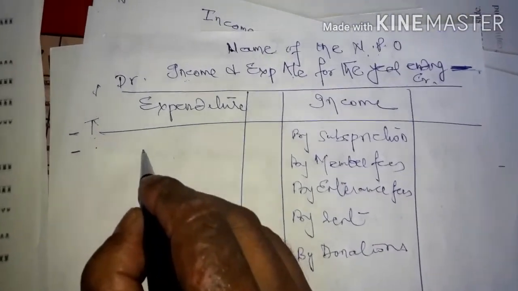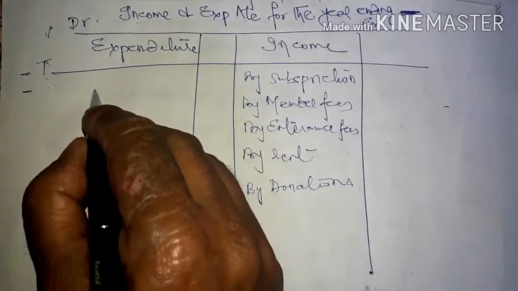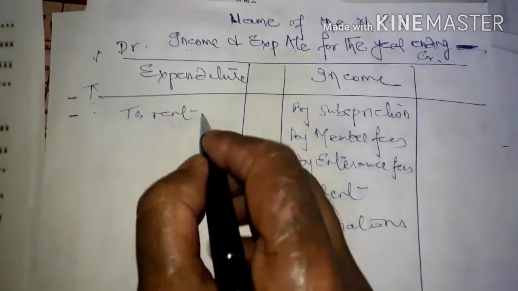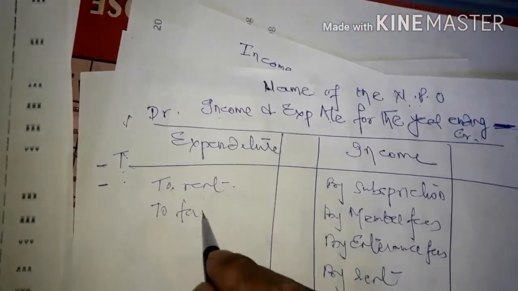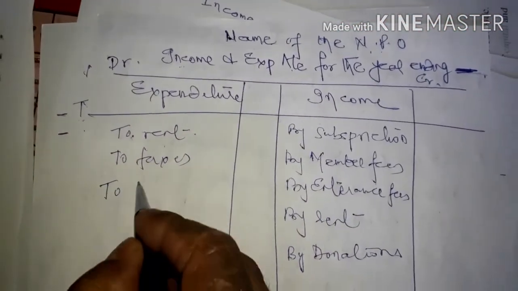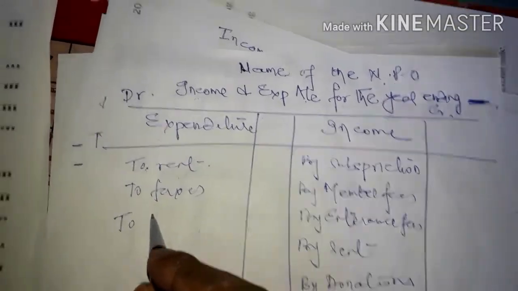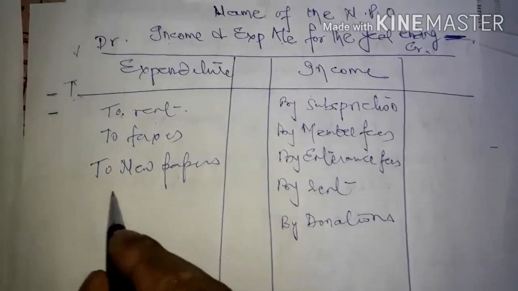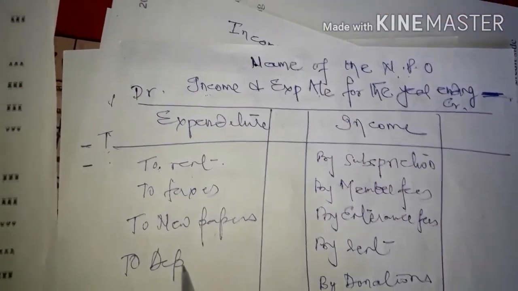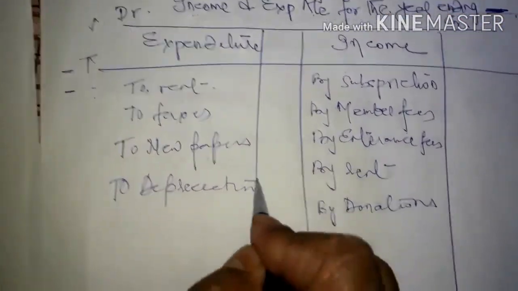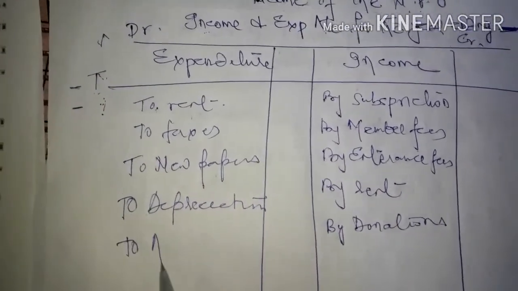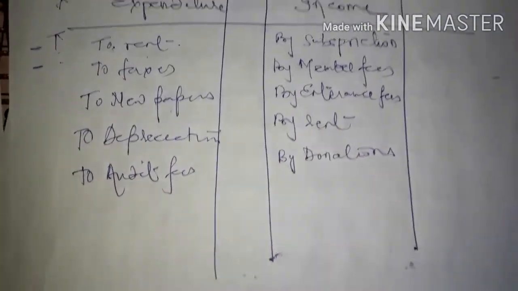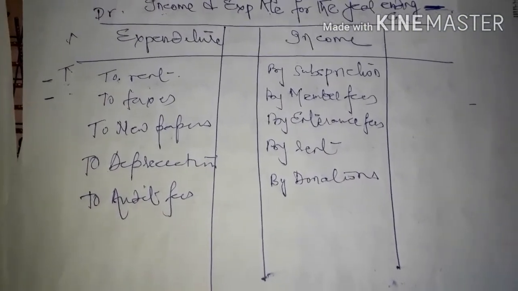Main sources of expenditure: the rent paid by the club, or taxes, then newspapers, stationery, then depreciation on its fixed assets, audit fees, etc. You can see the details of expenditure and income in the notes provided along with the video.